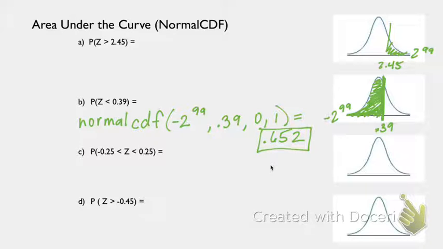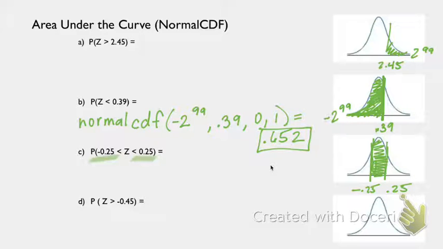On part C, this one gives me a lower and an upper bound. So it's somewhere between negative 0.25 and positive 0.25. So in this case, will I need to use infinity or negative infinity in my answer?